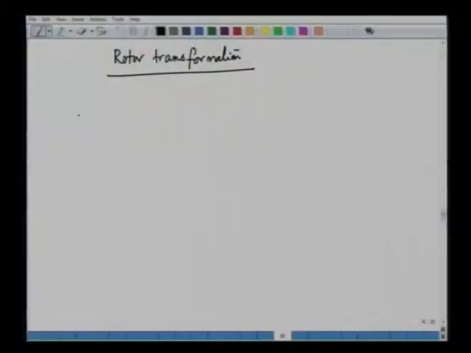So, we can write down here NR IDR, that is equal to constant k into NR IAR cos theta r. We are equalizing the MMF in the D axis.